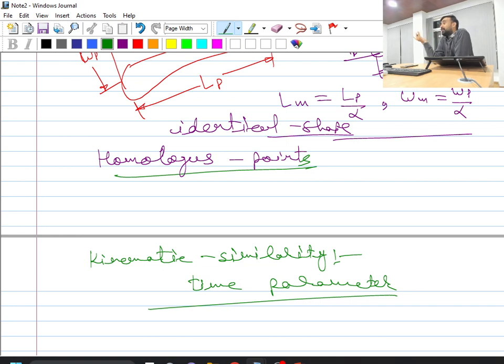If the time parameter has similar scaling, then my flow parameter will automatically come into the picture. Fundamentally, if homologous points have the same velocity at homologous times between the model and the prototype, then we will call our situation kinematically similar.